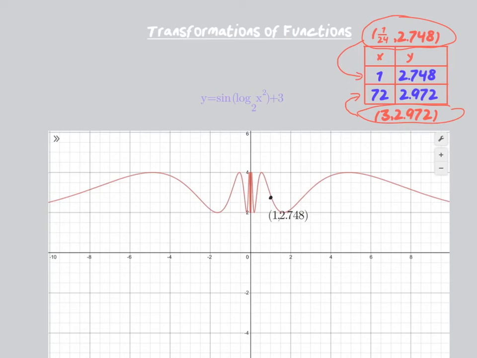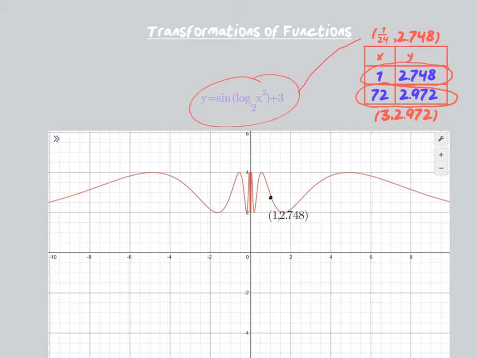So our new equation should satisfy the point 1, 2.748, and the point 72, 2.972, whereas this original equation should satisfy 1/24, 2.748, and 3, 2.972.